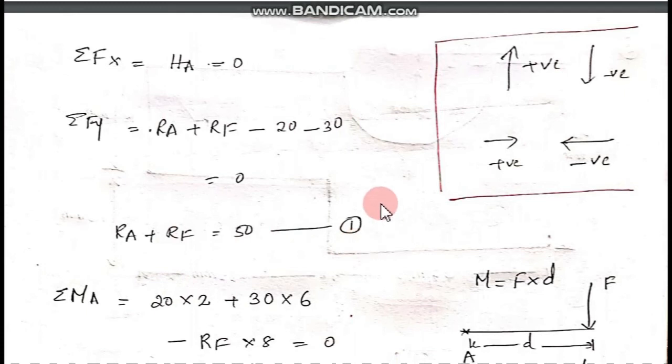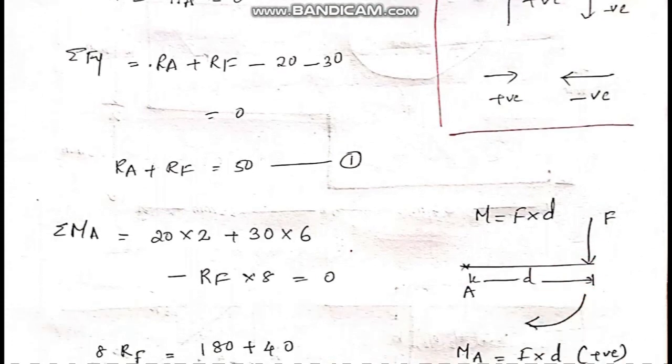Next step is taking the moment about point A. We know that moment is force into perpendicular distance. Suppose you have a length like this, d. With respect to A, if you want the moment of this particular force, you can see this is the perpendicular distance, so MA will be F into D, and here it's going clockwise, so it's positive.